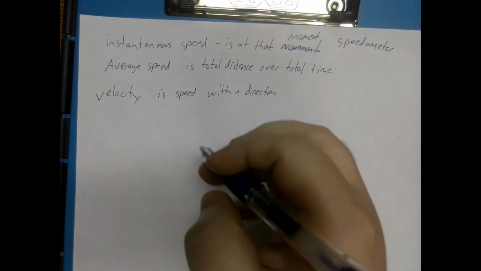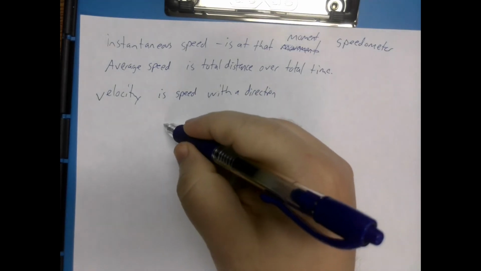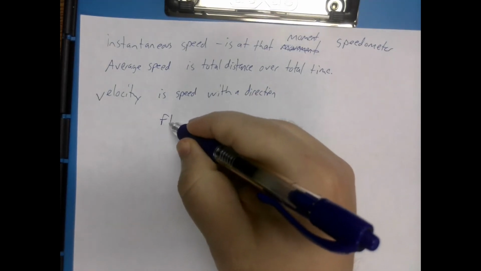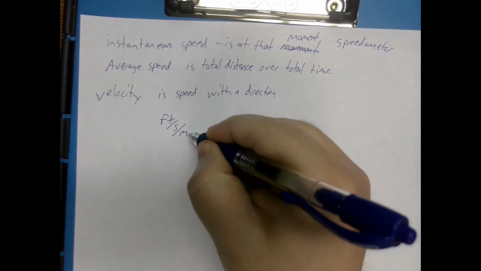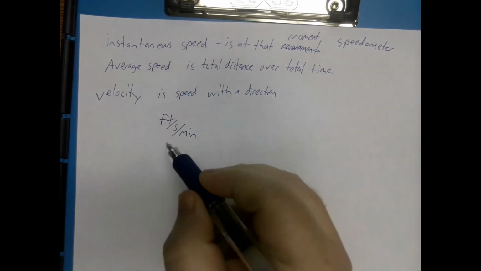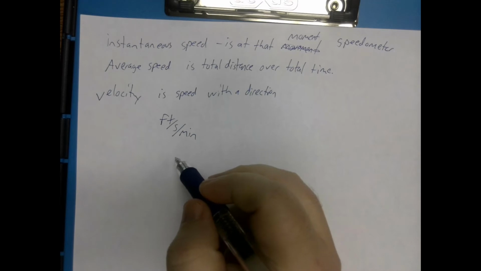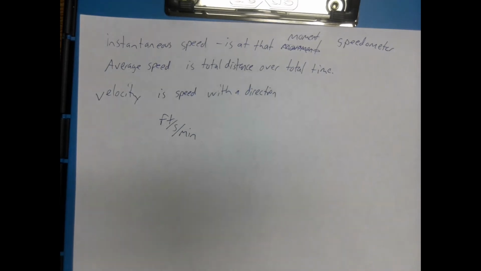So you need to know units. So if I were to give you something like feet per second per minute, is this a unit of distance, velocity, acceleration, or time? No. Do you measure distance in feet per second per minute?